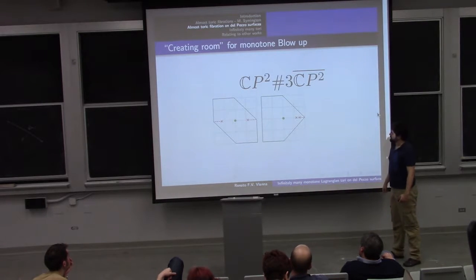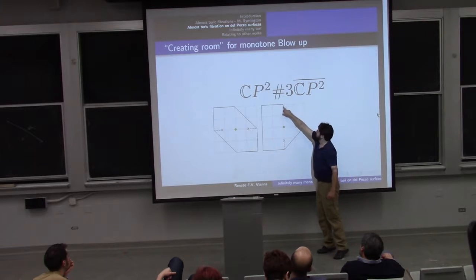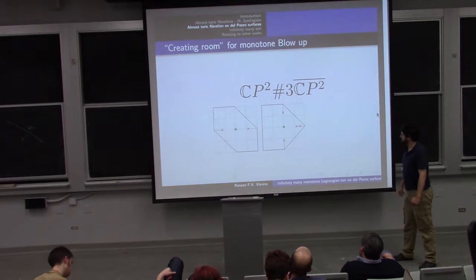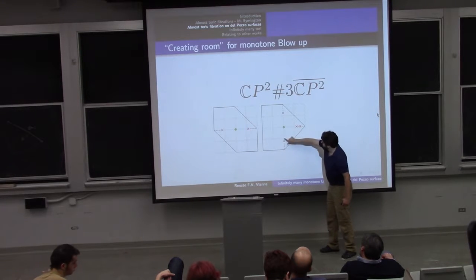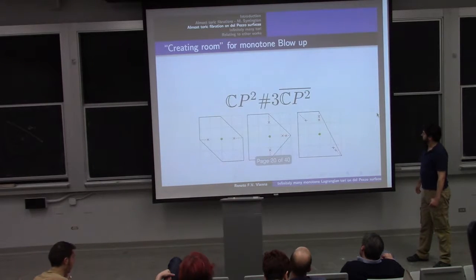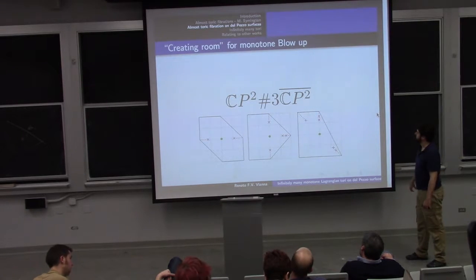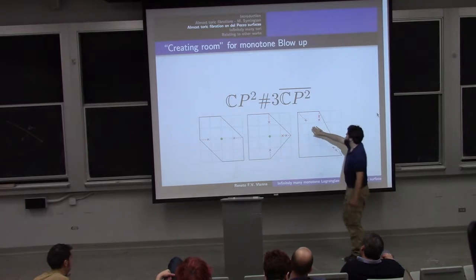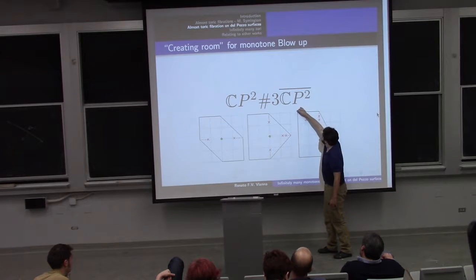So we get this picture, and now I'm going to nodal trade these two nodes over here, and perform a mutation with respect to this edge here by sliding it to the other side and redrawing my picture. And what I get is this picture over here.